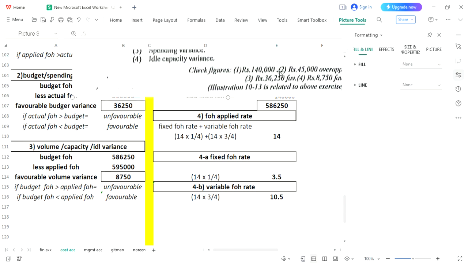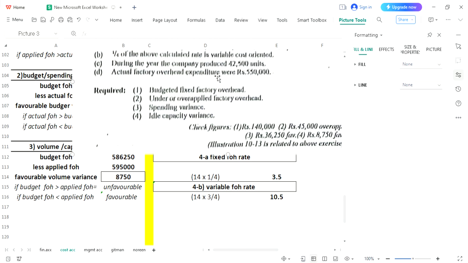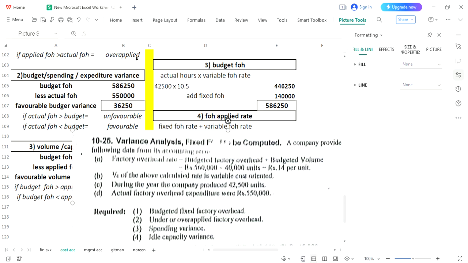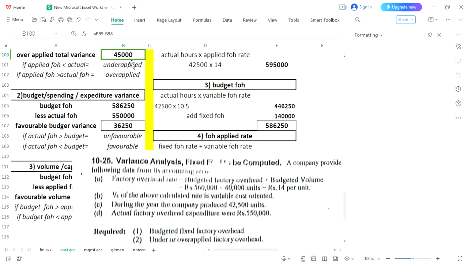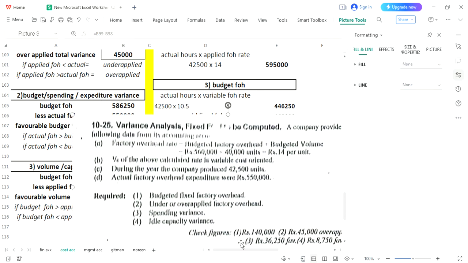Reviewing is very important. Sometimes a tiny factor could have been missed, so it's important to review. Under over applied FH, then you have seen here was your calculation of under over applied 45,000. And you can see your second answer is 45,000, and our answer is also 45,000.